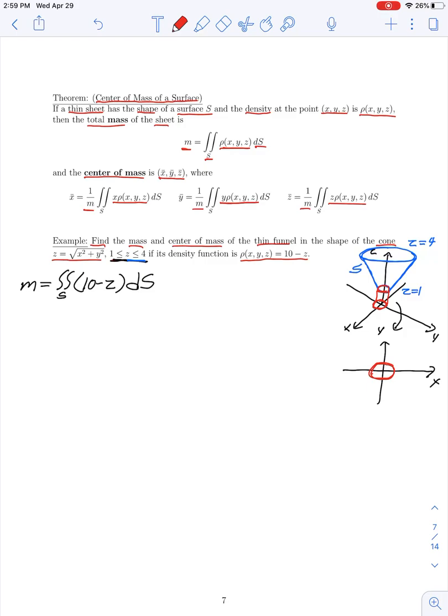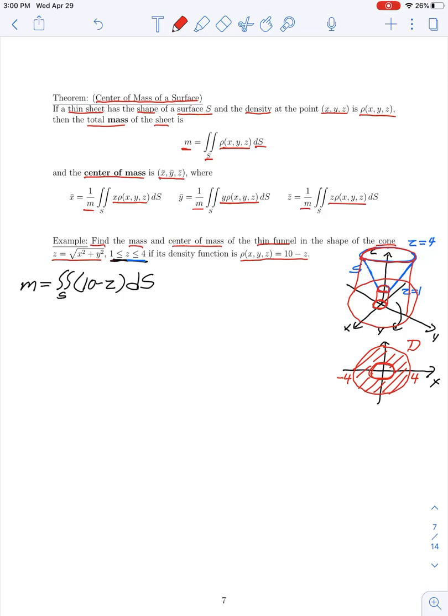And then taking the projection of the top of our funnel down onto the xy plane, we would have a circle centered at the origin of radius 4. So in general, my projection is some annular region bounded by two circles of radius 1 and 4.